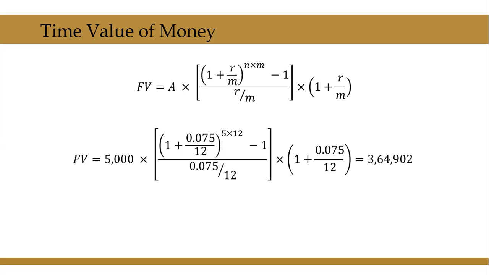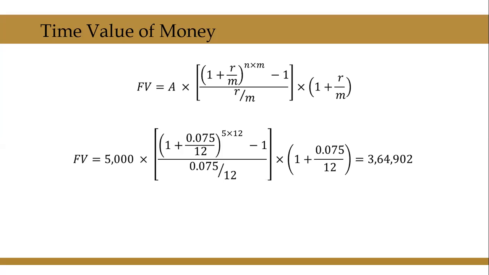It comes to rupees 3,64,902. That means every month, if 5,000 rupees is invested for the next 5 years in a scheme offering 7.5% interest, at the end of 5 years, I will be able to withdraw rupees 3,64,902. So this is how multiple compounding is brought into this formula.